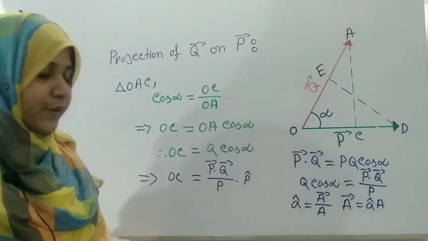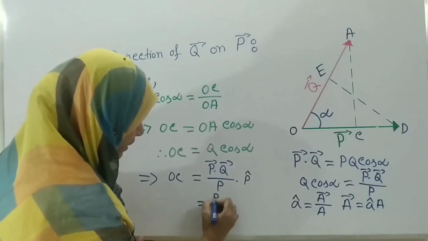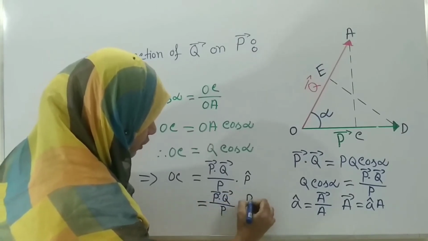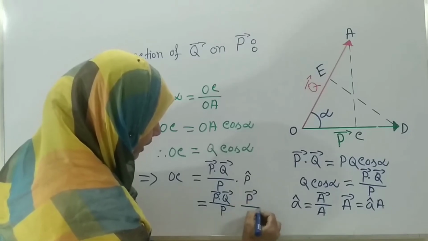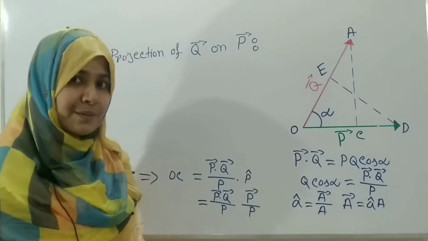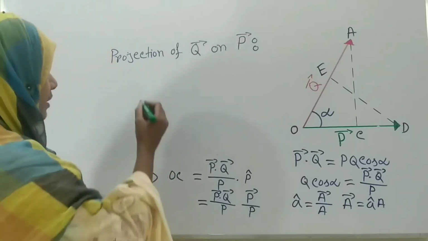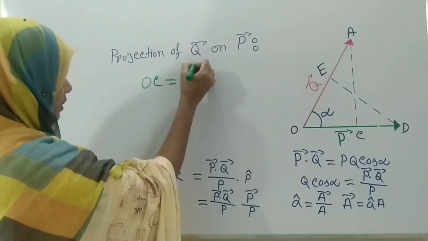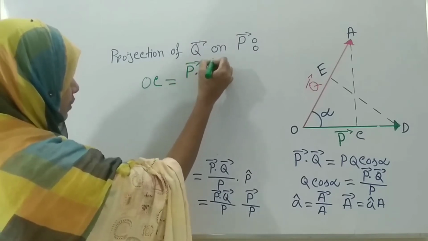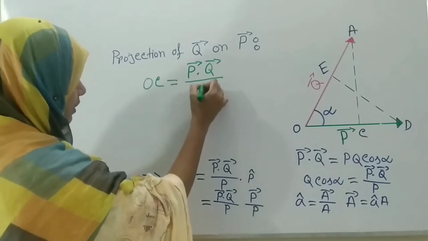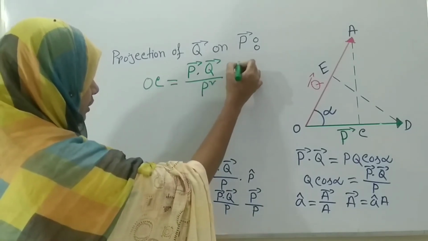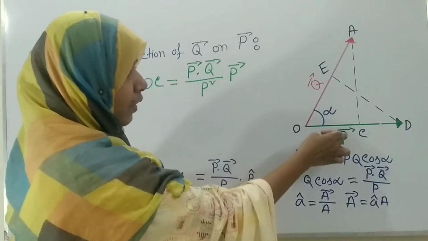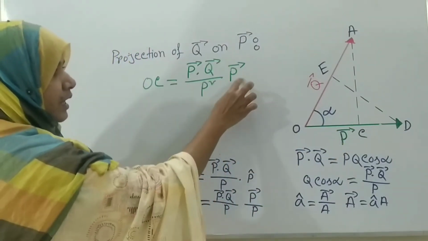So instead of p cap we can write p dot q by p into vector P by magnitude of P. If we simplify this equation, then OC is equal to P dot Q divided by P square into vector P.